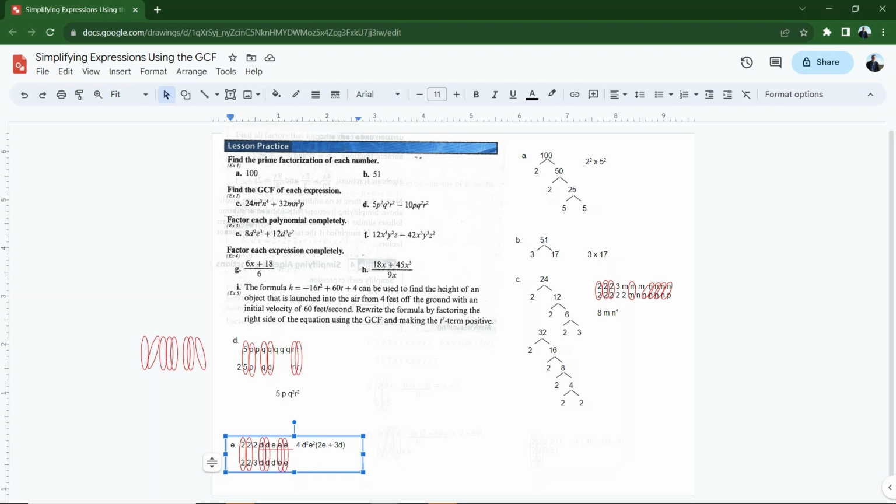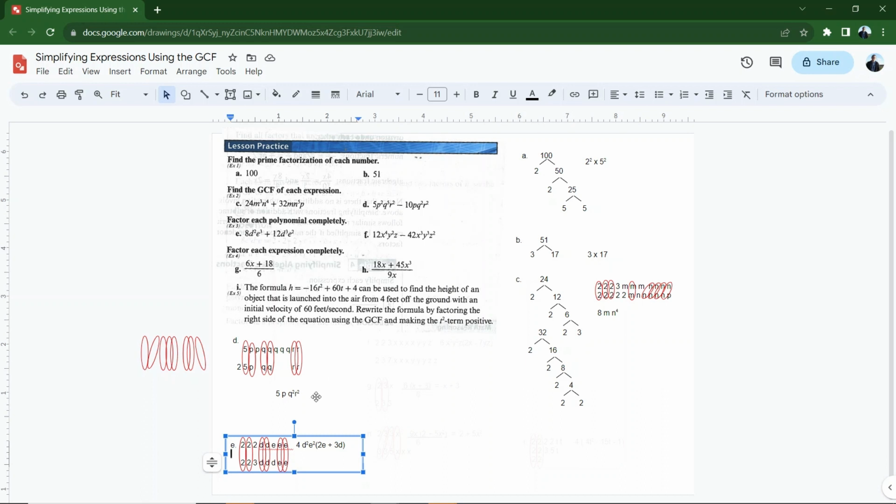I need a sign for the middle. In this case, it's the plus sign, because there's a plus sign in this problem. And then in my second term, I use what I didn't circle down here, 3d. So it's going to be 4d squared e squared times 2e plus 3d. And what you'll notice is if you redistribute this 4d squared e squared back in, what do I get? 8d squared e cubed.